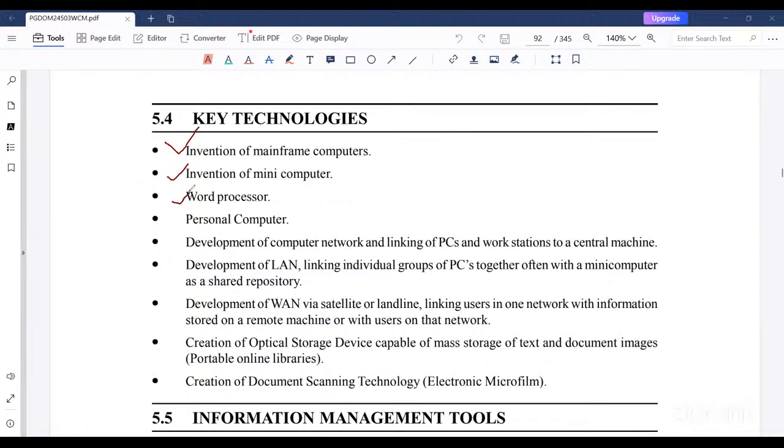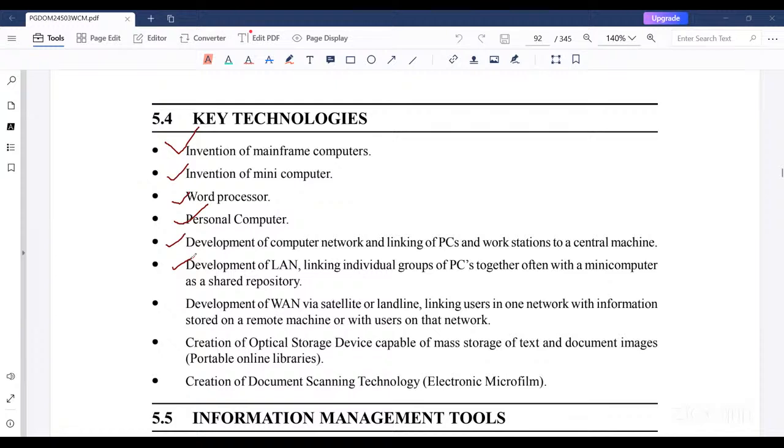Then come the word processor, the personal computer, development of computer networks and linking of PCs and workstations to a central machine, and development of LAN, linking individual groups of PCs together, often with a mini computer as a shared repository.